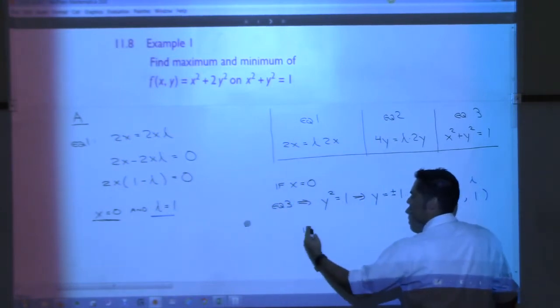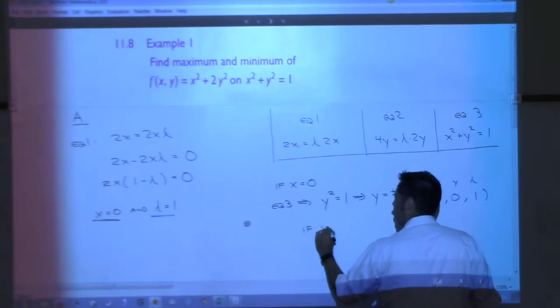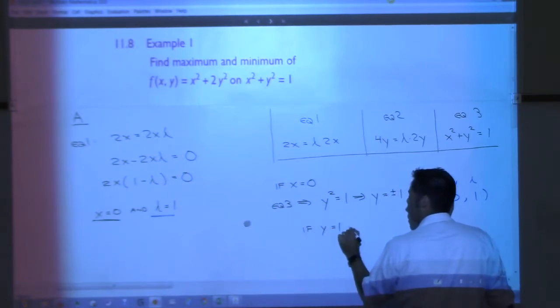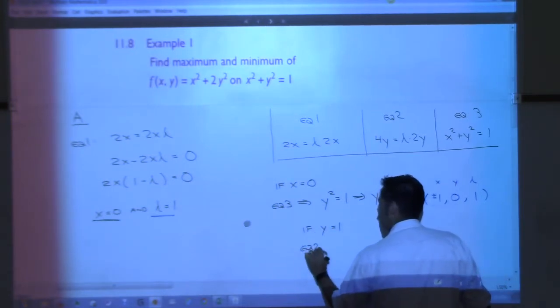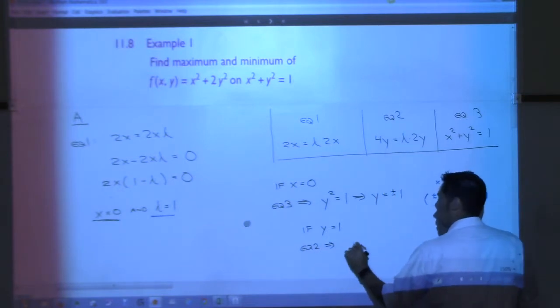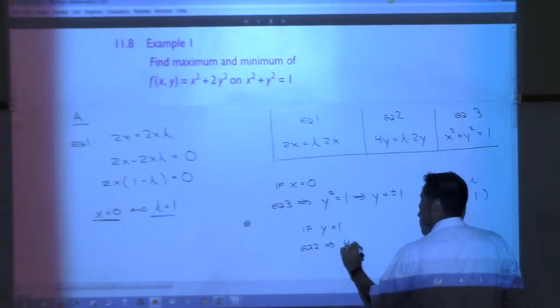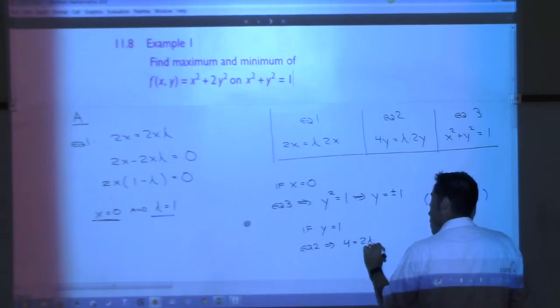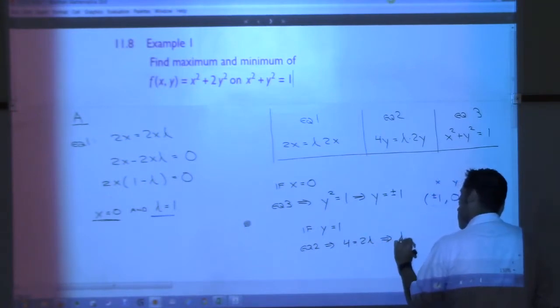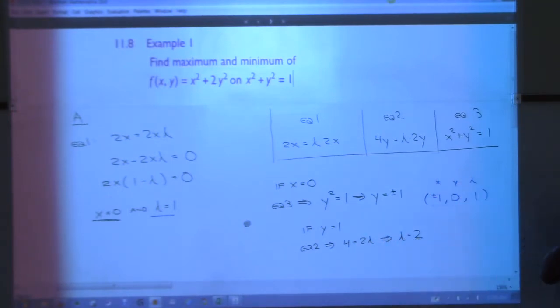I'm indenting this because it's within the same thought here. If y equals 1, what does equation 2 tell me? That would be 4 equals 2 lambda, which implies that lambda is 2. Right? And then what if y is negative 1?